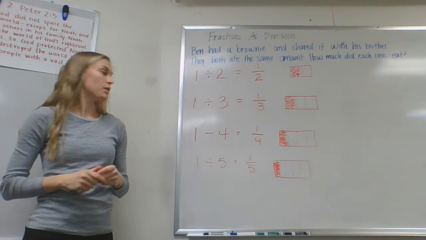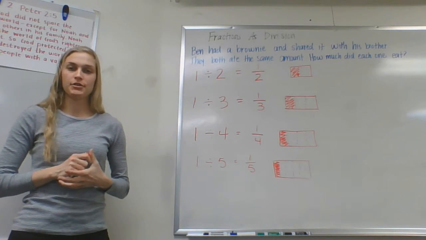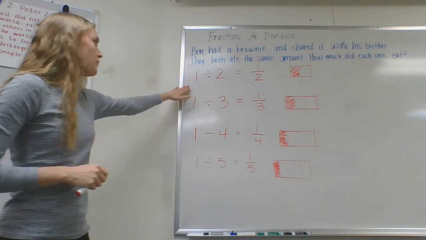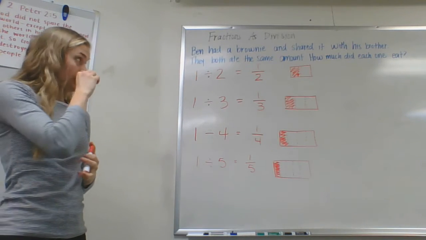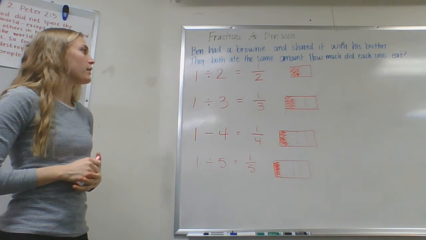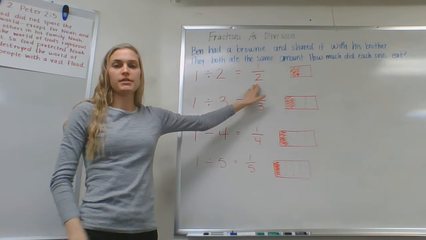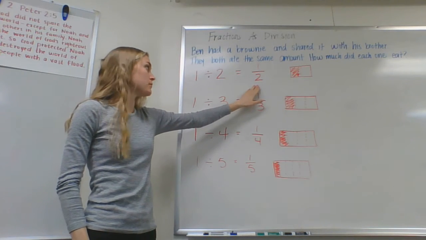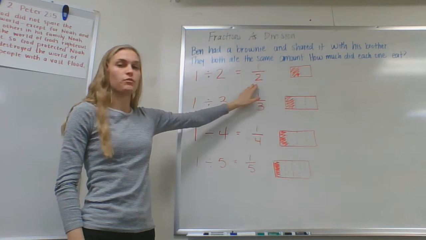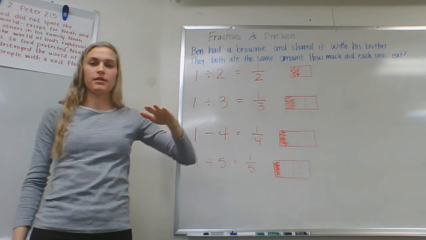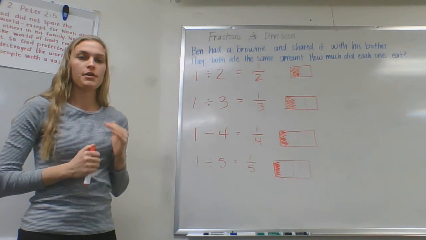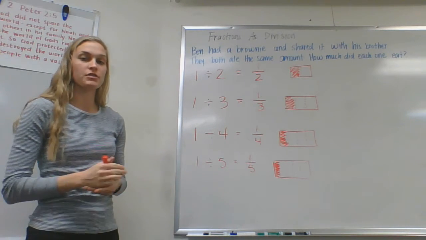Now, you probably have noticed a pattern in our division problem and in our answer of the fraction. Today, we're going to talk about how a fraction is basically a division problem. This fraction 1/2 means 1 divided by 2. I like to think of the line that separates the numerator from the denominator as a division sign.